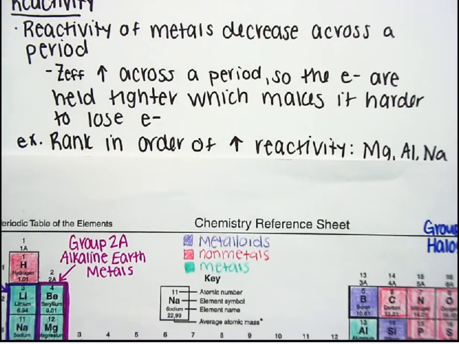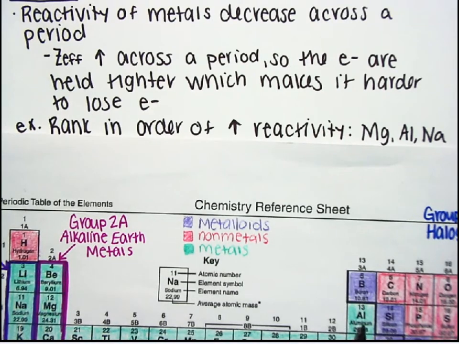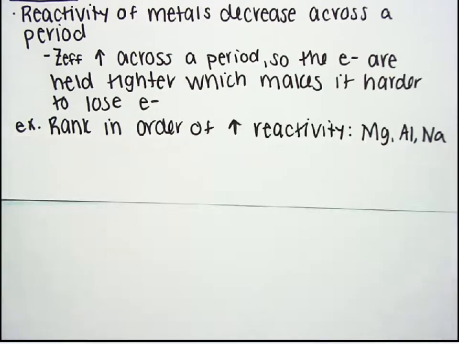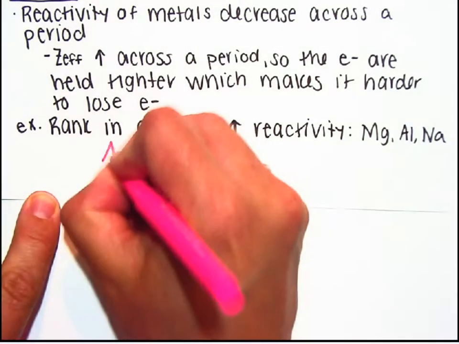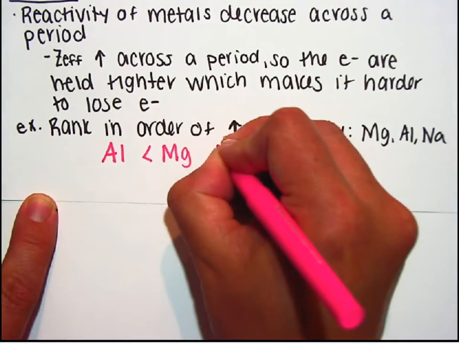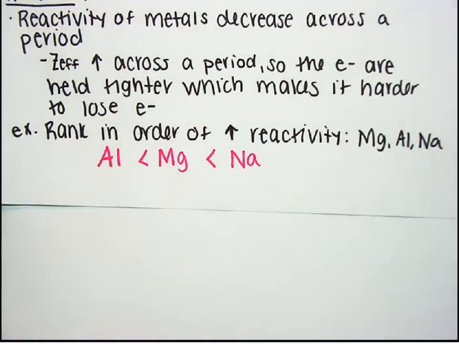So the trend is that reactivity decreases across a period. That means aluminum would be the least reactive, sodium would be the most reactive. So if we're going to rank them in order of increasing reactivity, aluminum would be the least reactive, sodium would be the most reactive.